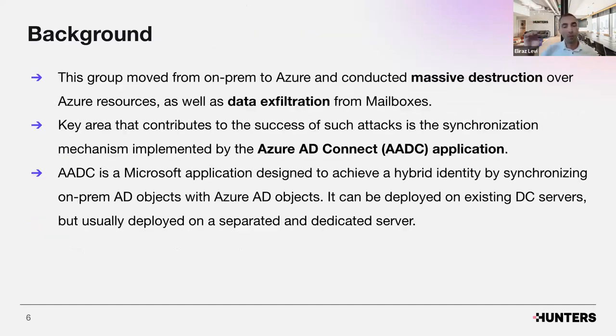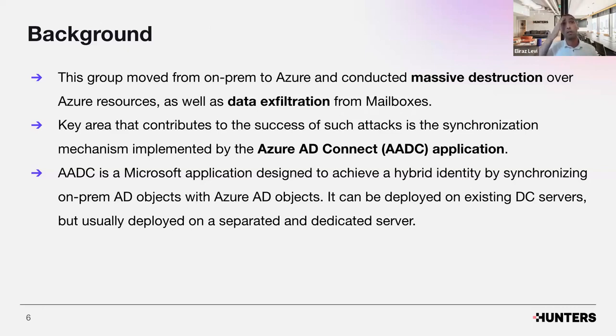This group used different tools and techniques and moved from the on-prem environment to the Azure environment while they conducted massive destruction over Azure resources, as well as data exfiltration from mailboxes.